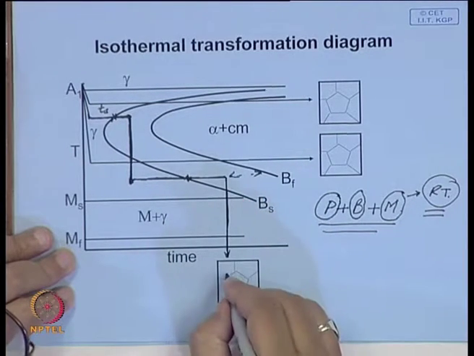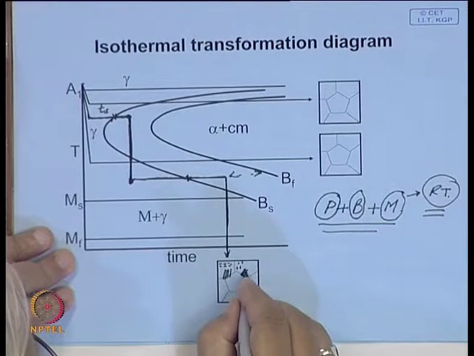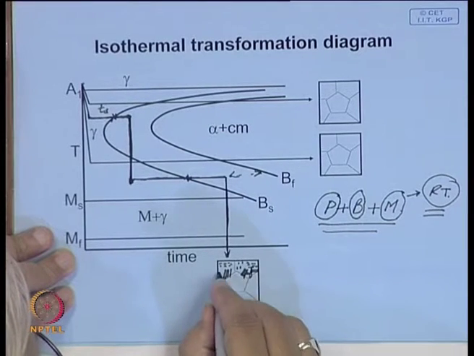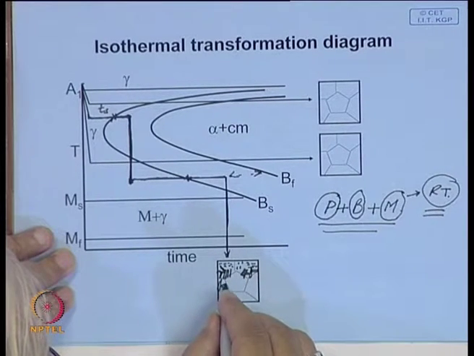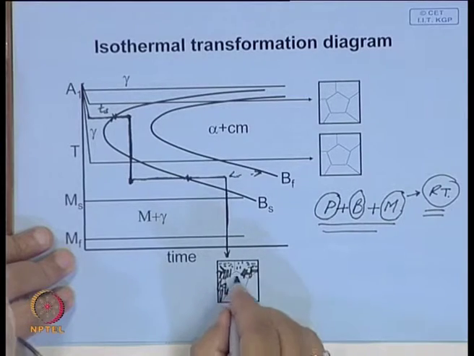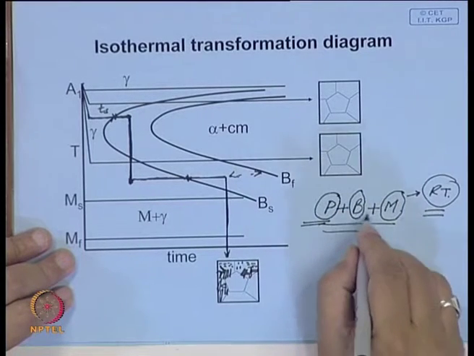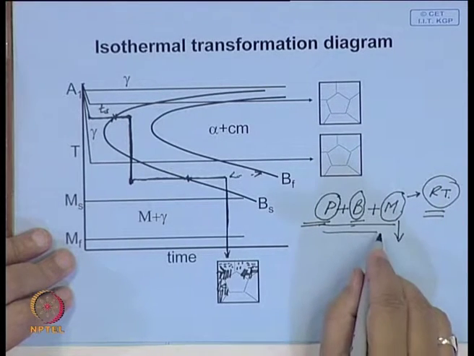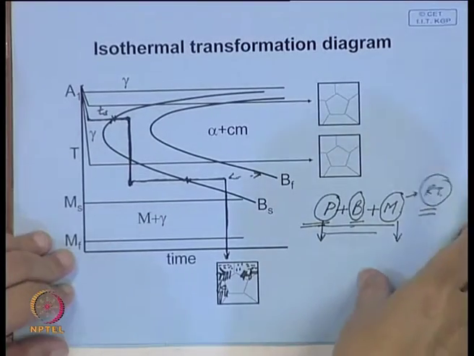So, then you can get a mixture of pearlite, bainite, and also martensite needles, and the property will be, you can say, of a composite type of relationship. The hardness will depend on how much pearlite, how much bainite, how much martensite you have. So, this will make maximum contribution to the strength, this will make minimum, and this will have intermediate contribution.